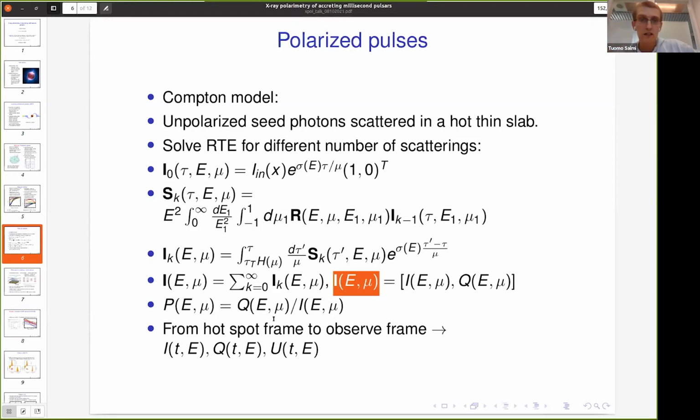But when we move to the frame of the observer, then we get the third Stokes parameter, which is U. So in the end, we have intensity, Q and U as a function of time and energy. We have normal pulse profile fitting, which we work with using only I, but in the case of polarimetry, we can fit I, Q, and U simultaneously.